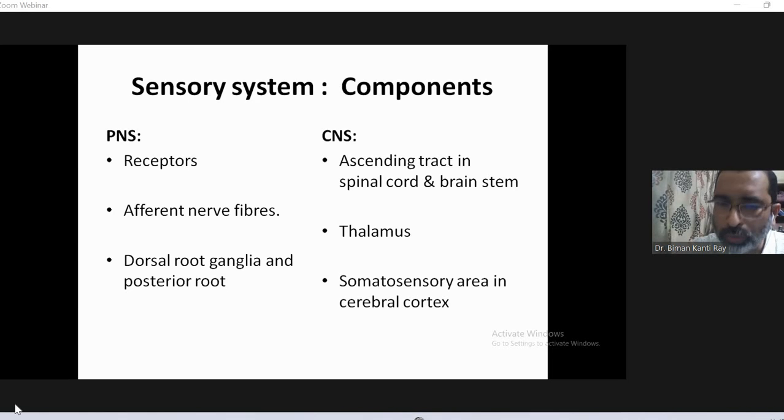If you continue this track upwards in the central nervous system, this is the ascending tract in the spinal cord and brainstem. Then it reaches the thalamus. Then ultimately it reaches the somatosensory area in the cerebral cortex. So if there is any pathology in any of these components of the sensory system, there will be ataxia.